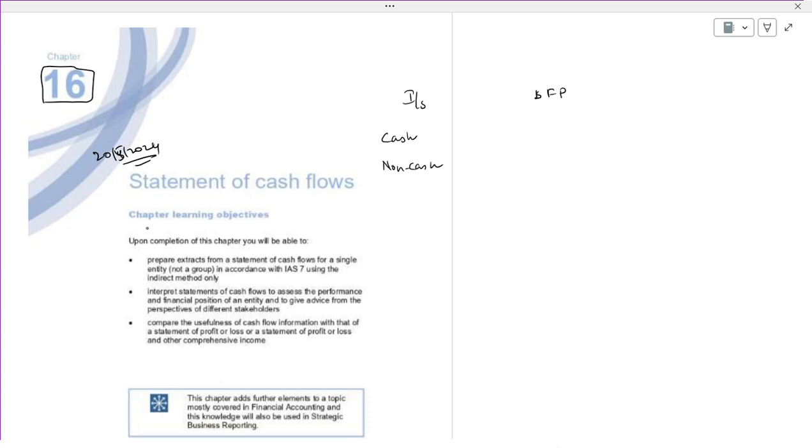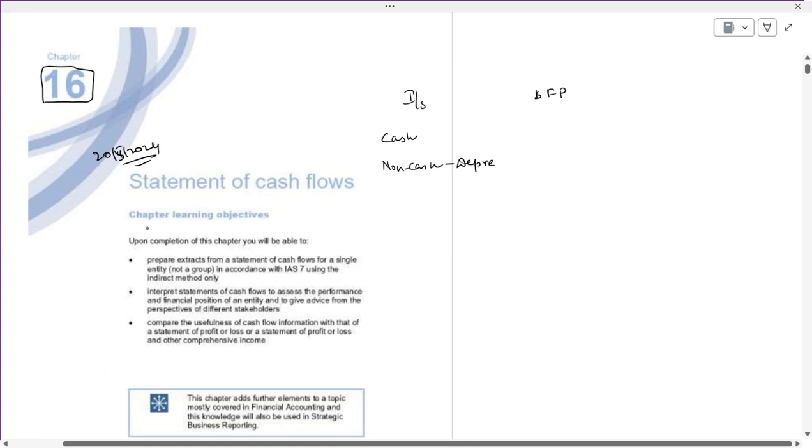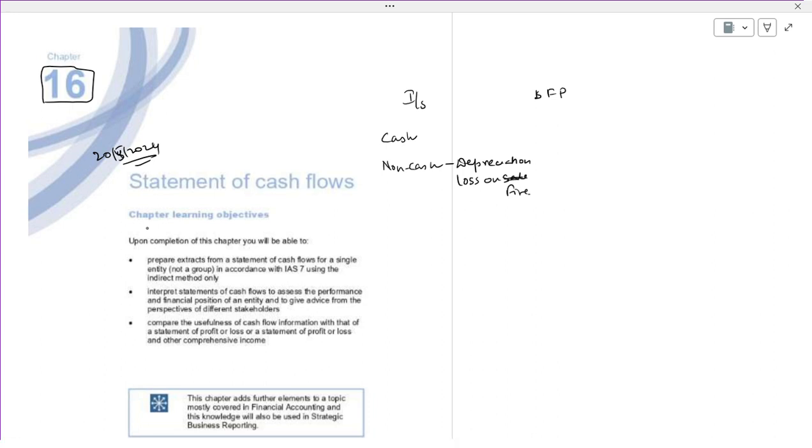One example of non-cash is depreciation, and others are loss on sale and loss by fire. So we have cash expenses and non-cash expenses.